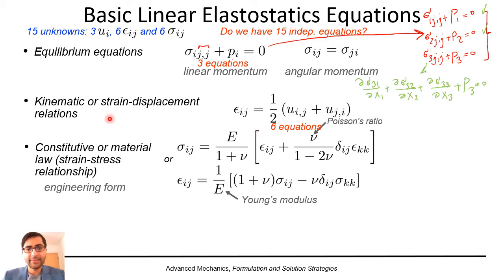Then from the kinematic or strain displacement relation, we get 6 equations. How? Because we have i and j, both of them are free indexes, and we know epsilon is a 3 by 3 second order tensor with 9 elements, but only 6 of them are independent. So basically we get 6 independent equations from here.